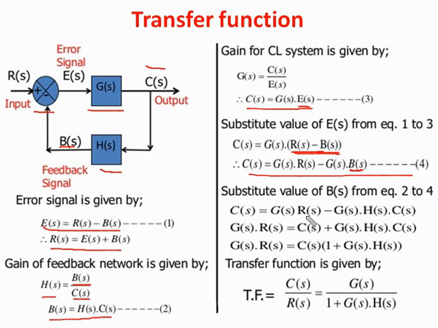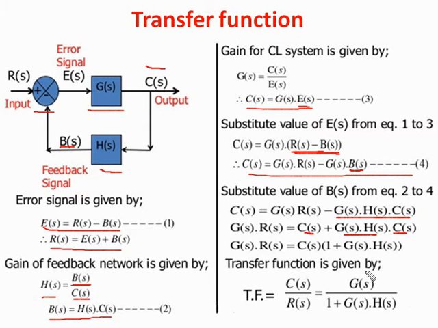So G(s) R(s) equals C(s) plus, if we move this term to the left side of the equal sign, it becomes plus, so C(s) plus G(s) H(s) C(s). So G(s) R(s) equals, if we take C(s) common, 1 plus G(s) H(s), times C(s).